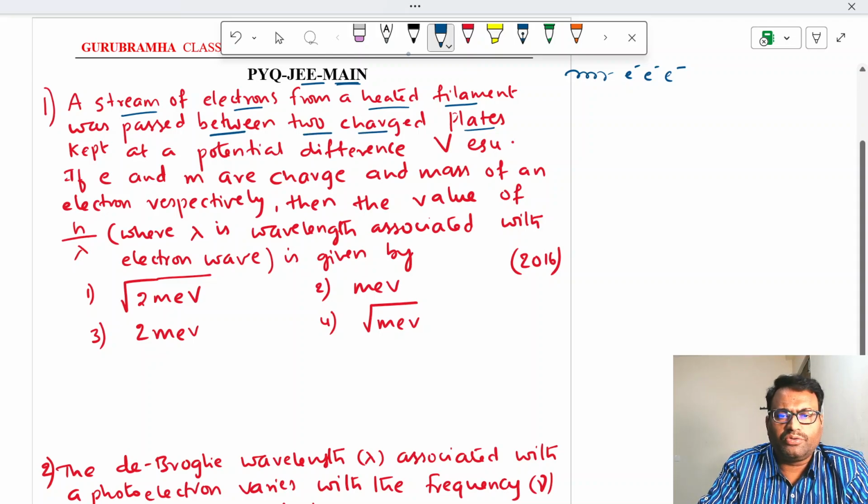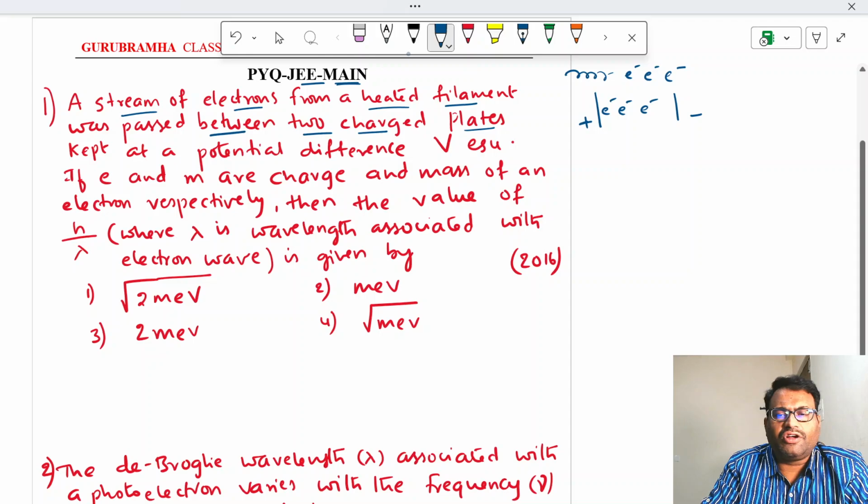Let us take one is positive, another is negative, so there will be some potential difference between these two. These electrons are moving between these plates.